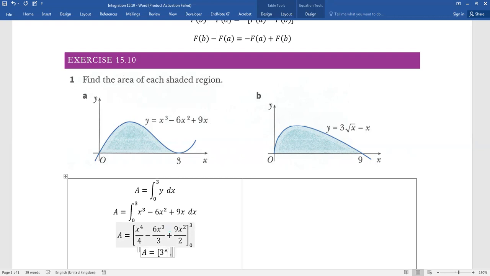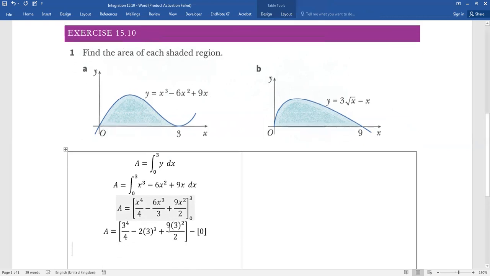Yes, sir. 3 to the power 4 upon 4 minus 2 into 3 cube plus 9 into 3 square. Simplify wherever you can to make it easier for yourself. And when we put 0, we get everything 0, and that will not be the case in every function. So be very careful when plugging in the value of 0.